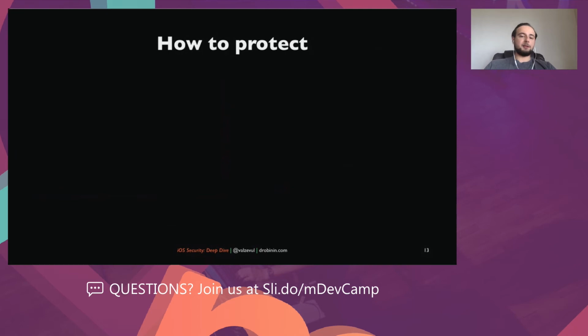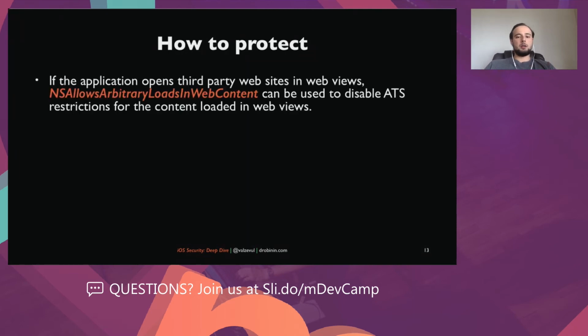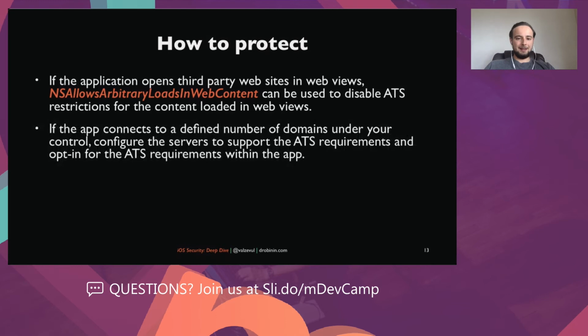Another scenario would be you have a specific domain under your control, so you can disable ATS for that domain only. And if you want to open third-party websites in web views, you can allow arbitrary loading of this web content for that web view or these web views without affecting the overall app's interaction. Please keep in mind that it's not the safest option you can choose.